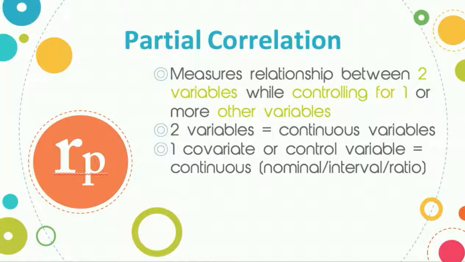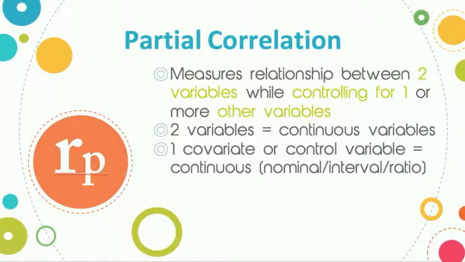So in this situation, although we don't have to make a distinction between independent and dependent variables, those two variables are often considered in this type of research. So you would have one dependent variable and then one independent variable, and these are both measured on a continuous scale, meaning that they're measured either as interval or ratio data.